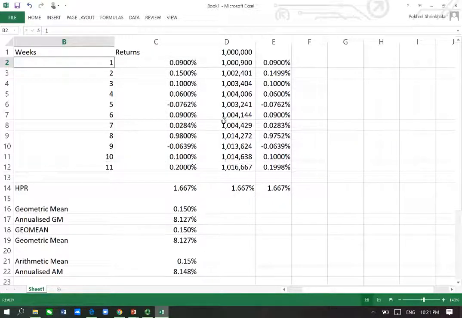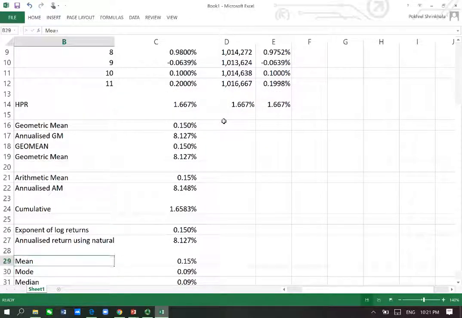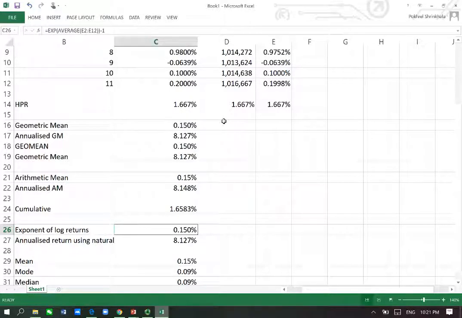So far we've been talking about the return such as holding period return, geometric mean, arithmetic mean, mean that we can find out using the natural logs, which is going to give us numbers similar to the geometric mean. And now it is time that we talk about the risk aspect, and together with risk and return we can find out different risk adjusted return values.